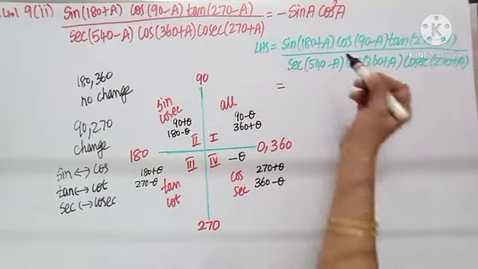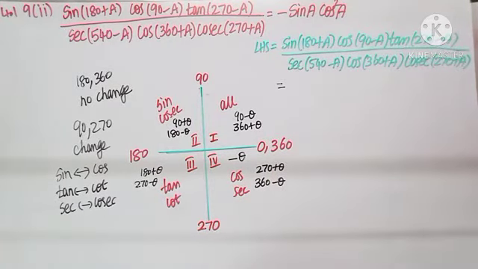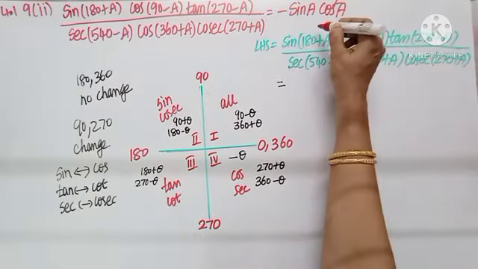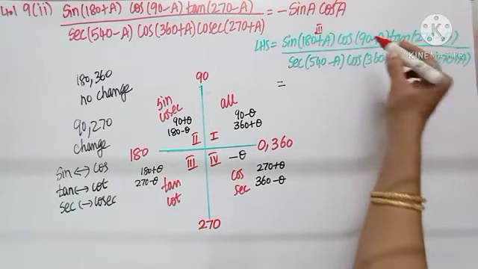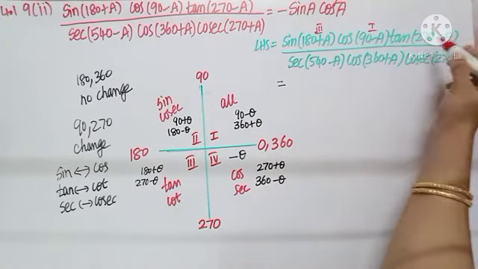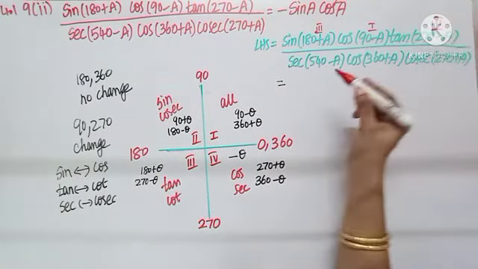We start writing the LHS. Use the quadrant rule. Remember which quadrants they are. 180 plus is third quadrant. 90 minus, first quadrant. 270 minus, we are in the third quadrant.